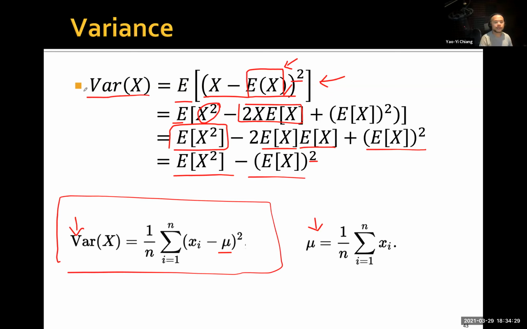If the variance can be rewritten as this, remember what we stored on the previous slides? You stored n, you stored sum, and you stored sum square. So you have sum here and sum square here that you can use to calculate the variance.